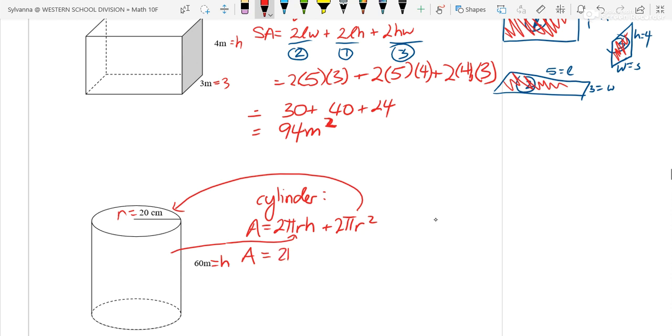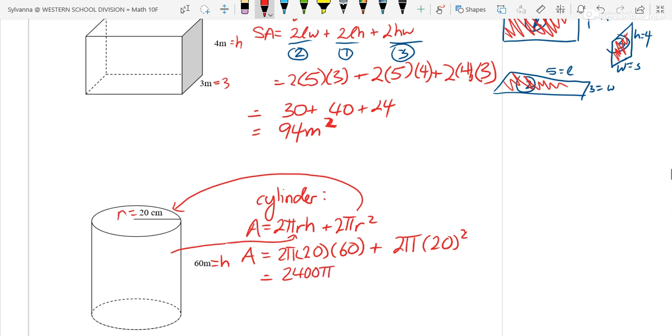So 2 pi times r is 20, and my height is 60, plus 2 pi, my r is 20 squared. Now I'm going to simplify this and figure out what the surface area is. I'll just leave this in terms of pi because it looks cleaner that way. So I'll just do 20 times 60 times 2, which is 2,400.